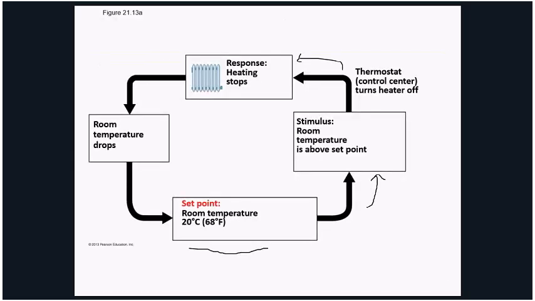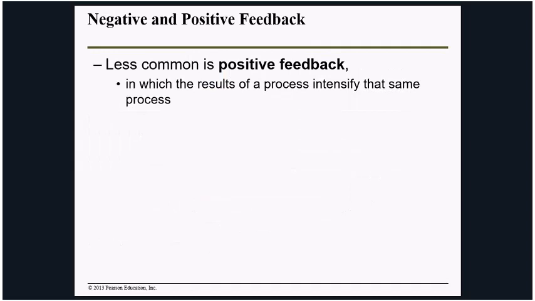And then the other part, the less common version of this is positive feedback. This doesn't happen as often in the human body, but it does happen sometimes. An example of it is labor. When a woman is in labor, the results, which is creating contractions, actually intensify the same process.